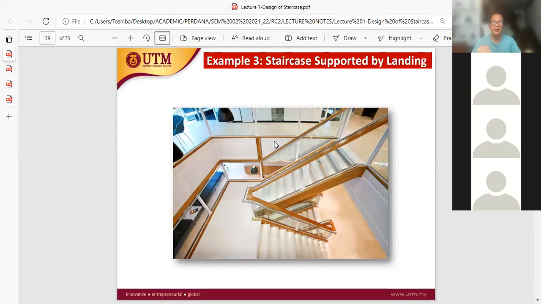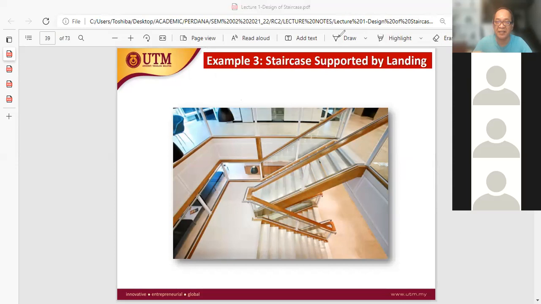Alright. We were discussing the third example, example number 3. Hopefully everyone can see what I'm sharing. It is example number 3, where we were discussing last Monday regarding a staircase being supported by landing.